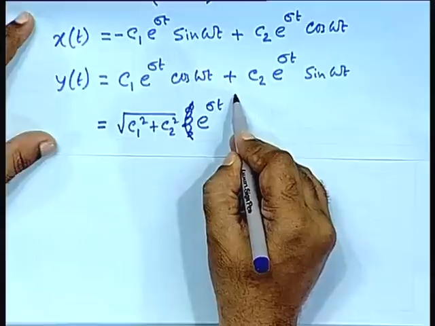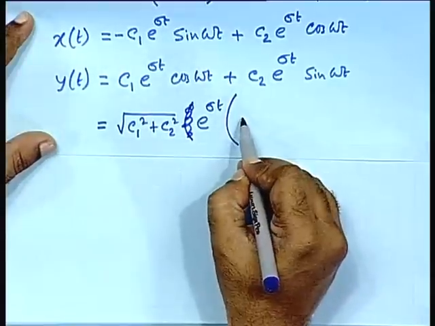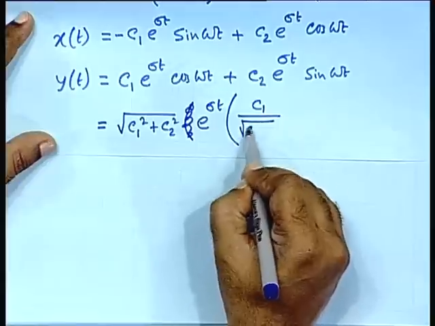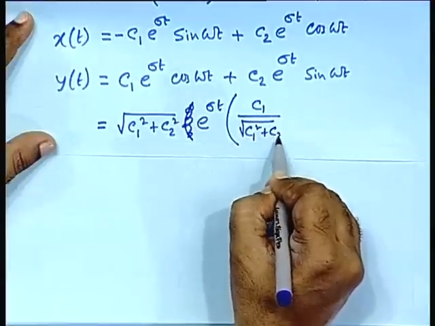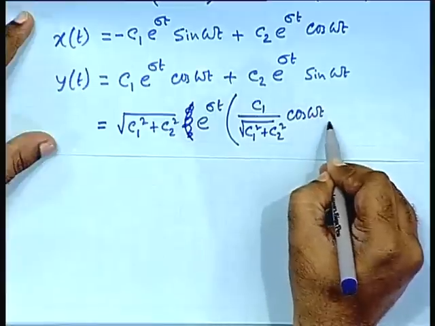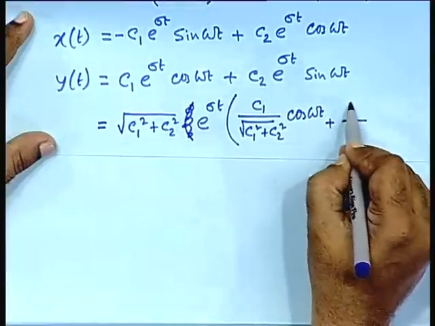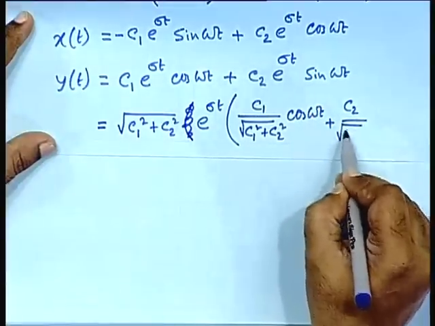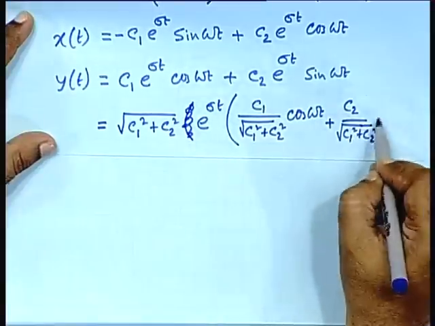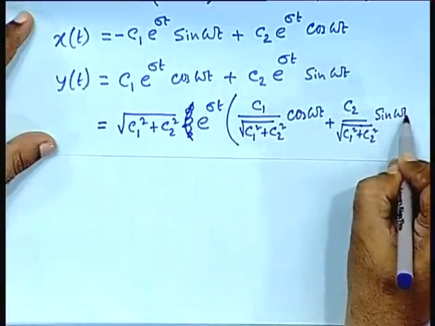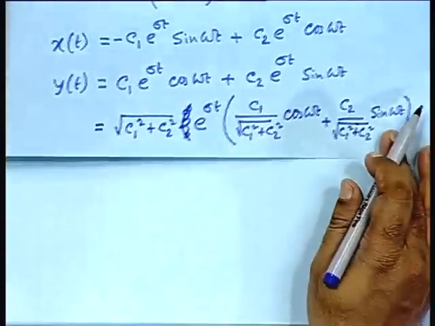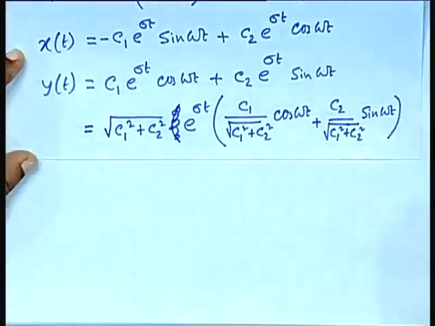Then what you have is C 1 by root over C 1 square plus C 2 square cos omega t plus C 2 by root over C 1 square plus C 2 square sin omega t. Fully feasible? Fine.